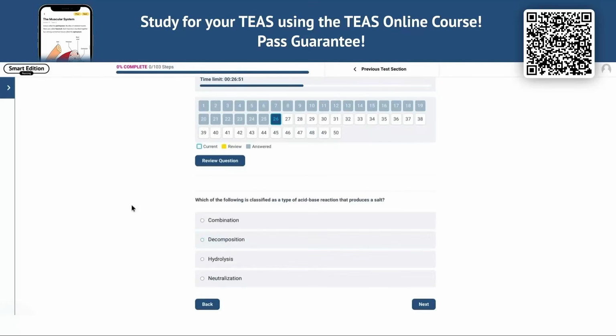Which of the following is classified as a type of acid-base reaction that produces a salt? Combination, decomposition, hydrolysis, or neutralization? So the answer here is neutralization. So in a neutralization reaction, an acid reacts with a base to produce a salt and water.